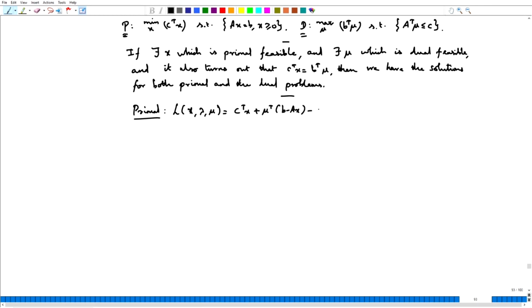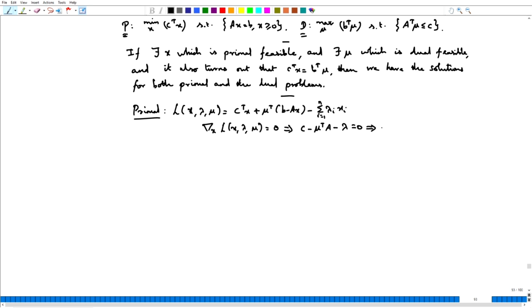And of course, this is minus the summation of lambda i x i, i equal to 1 to n. This is the Lagrangian, and if you want to solve this, you take the gradient with respect to x and equate it to 0. What this tells us is that C minus A transpose mu minus lambda should be equal to 0.